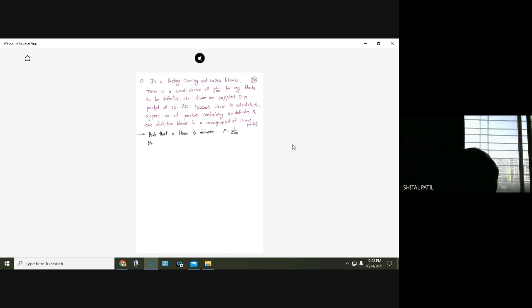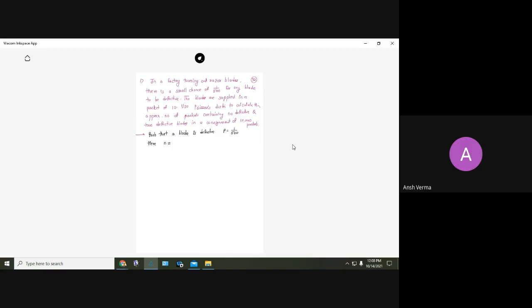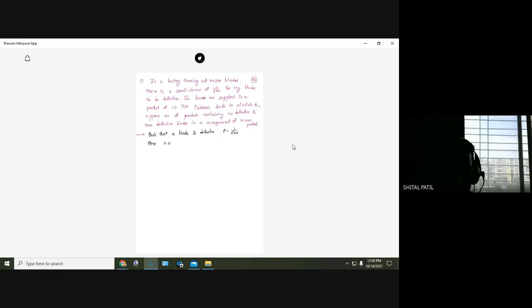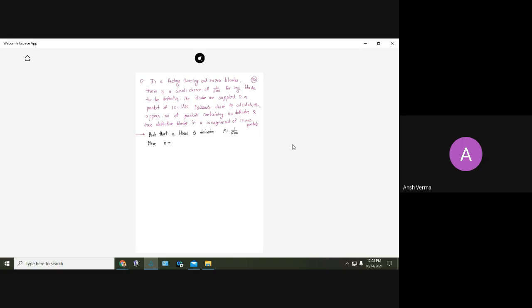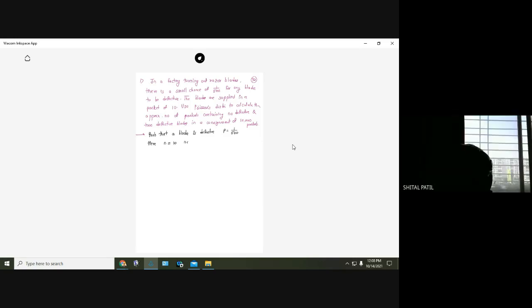It is 10, number of blades in a packet. Therefore, z equals np, 10 into 1 upon 500.